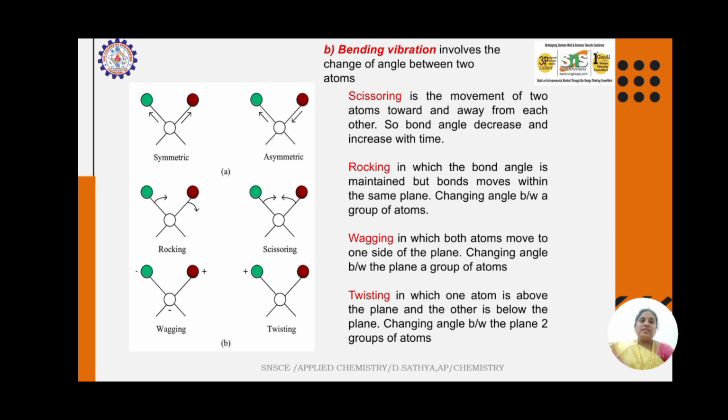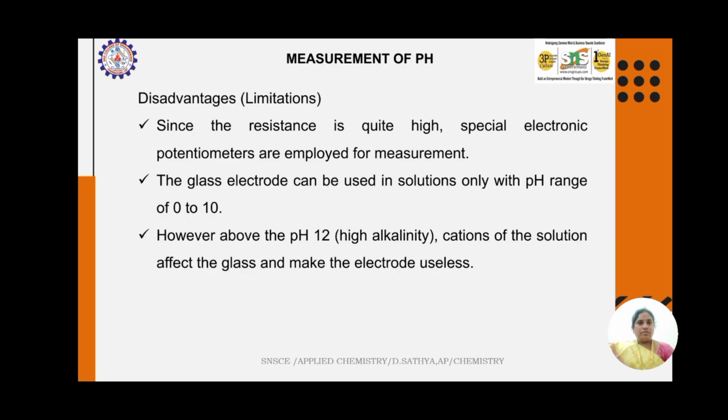In wagging, both atoms move to one side of the plane, changing the angle between the plane and the group of atoms. In twisting, one atom is above the plane and the other is below the plane, changing the angle between the plane and the groups of atoms.